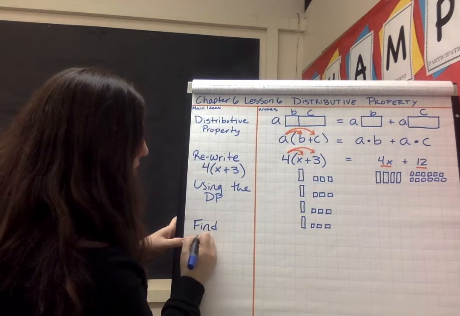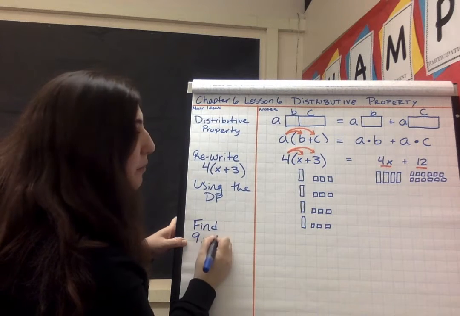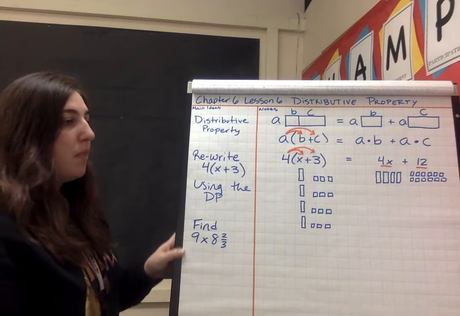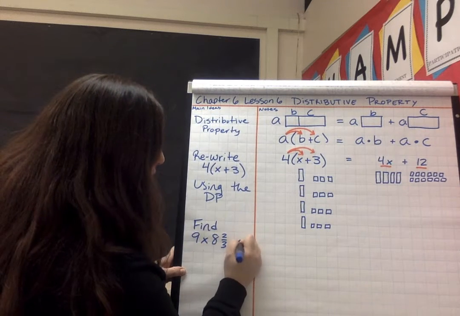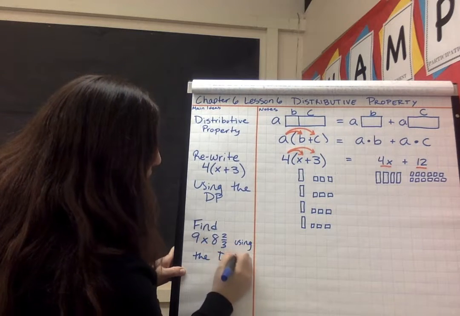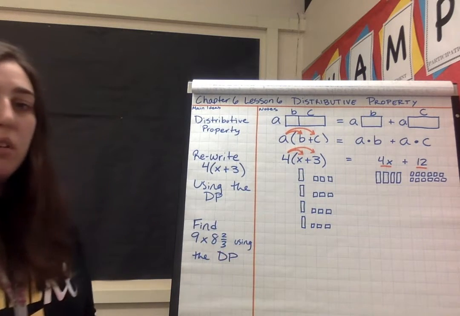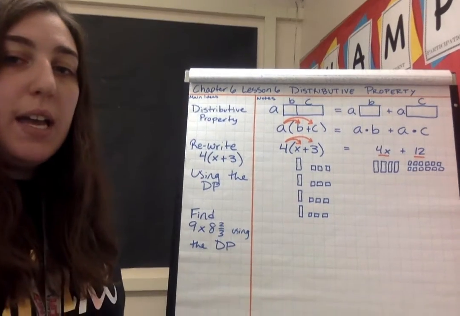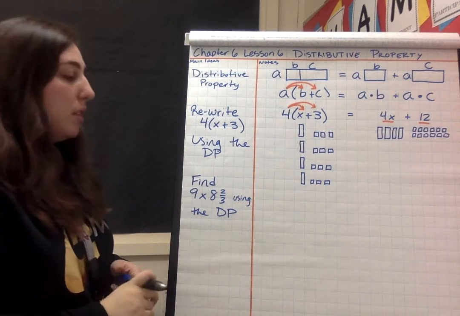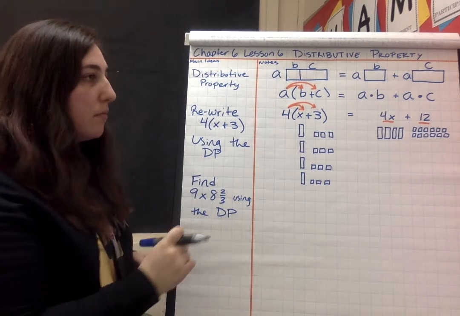Find 9 times 8 and 2/3 using the distributive property. Okay, so find 9 times 8 and 2/3 using the distributive property.